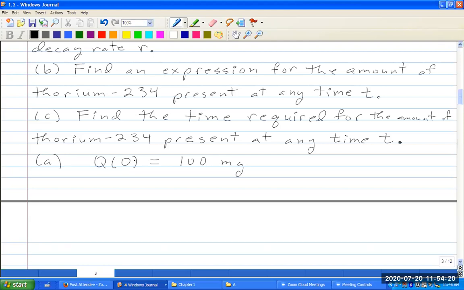Next, after 1 week, so after 7 days, I have a choice, and I'll say days is my time. So after 7 days, I have 82.4 milligrams remaining.